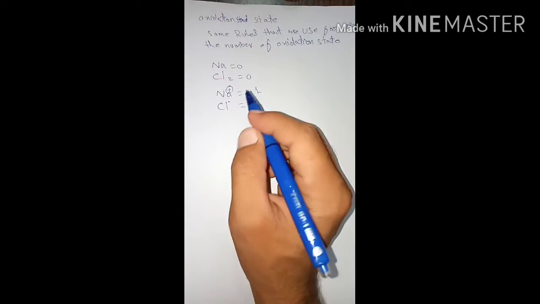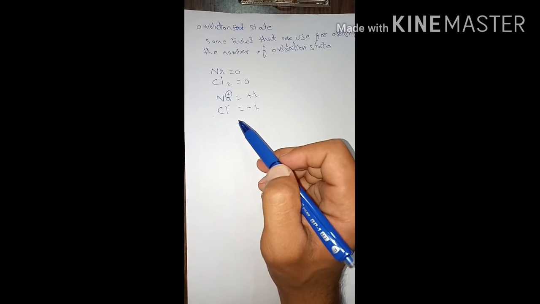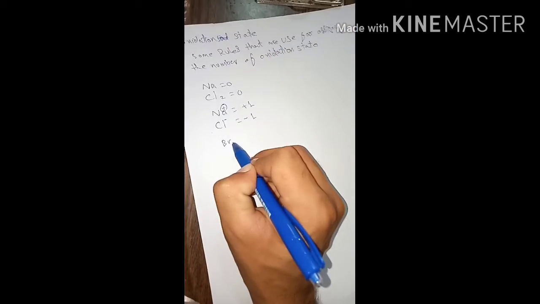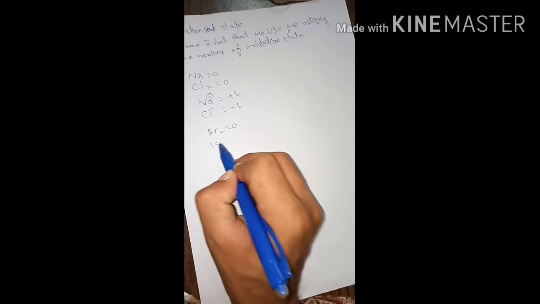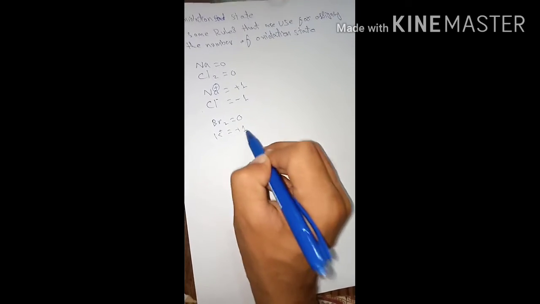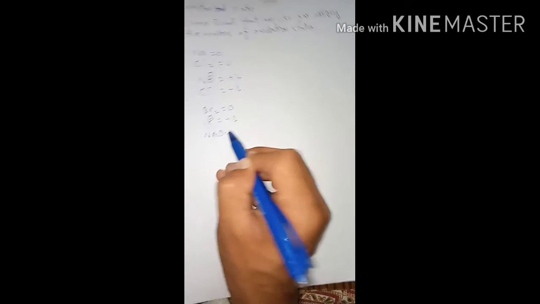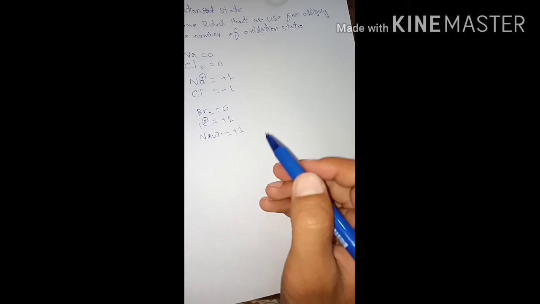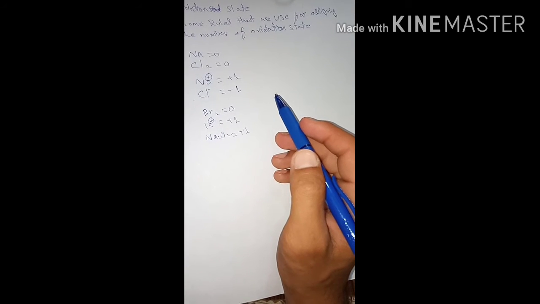By using these rules we assign the oxidation state of some elements: Br2 has 0 oxidation state because it is a free element. Potassium carries +1 oxidation state because it carries a +1 charge. Na2O2 carries +1 oxidation state.